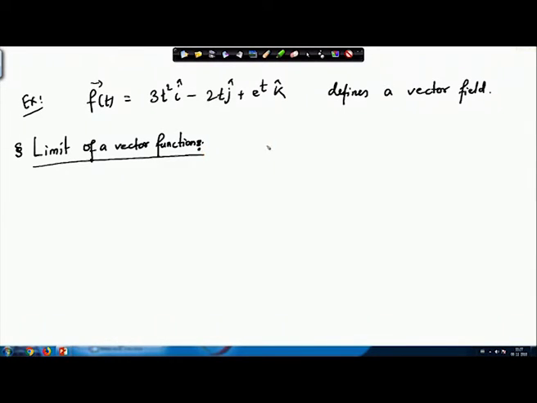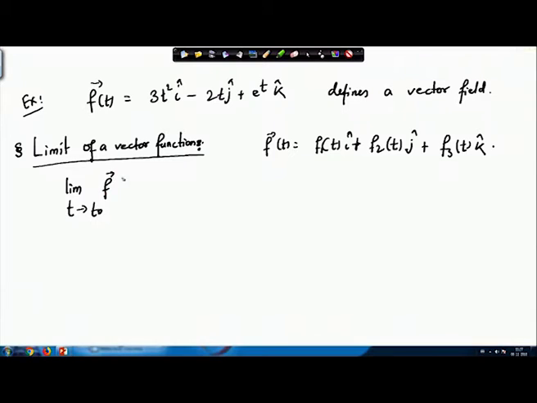Usually we know that the function f(t) is given by f1(t) i plus f2(t) j plus f3(t) k. So, when we pass the limit on the left hand side, with t going to some real number t0, what would happen to the right hand side?